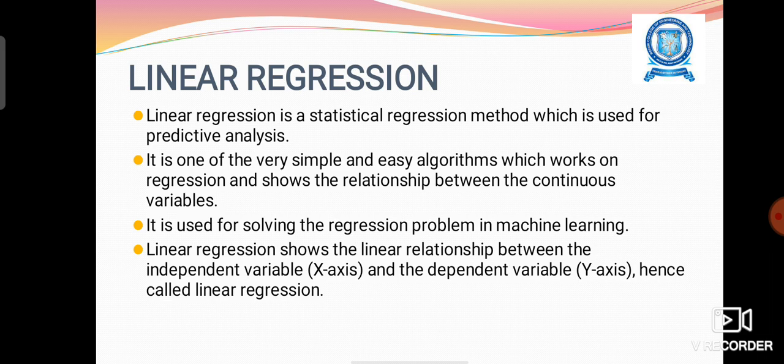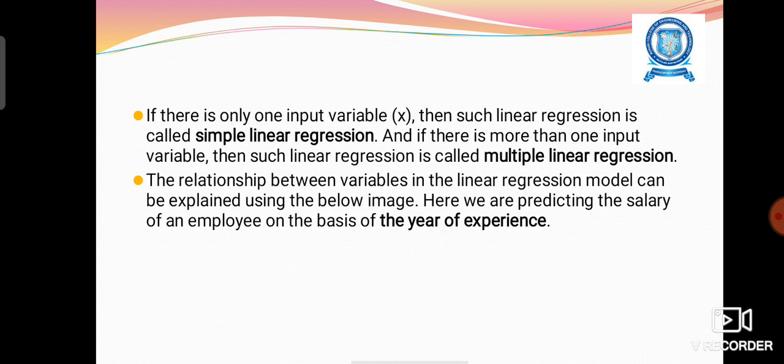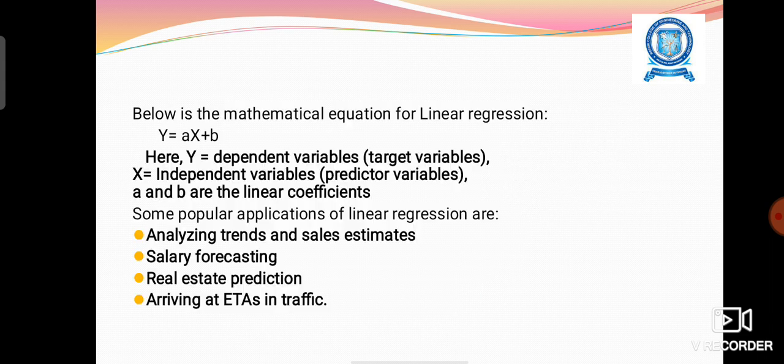Linear regression is a statistical regression method used for predictive analysis, which shows the linear relationship between the independent variable and the dependent variable. If there is only one input variable, it is called simple linear regression, and if there is more than one input variable, it is called multiple linear regression.